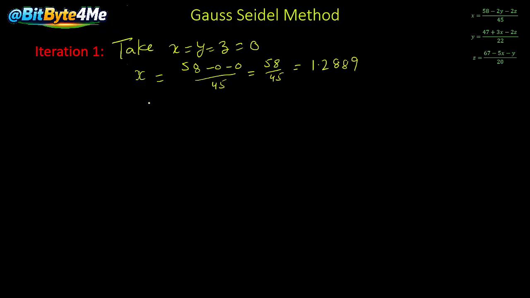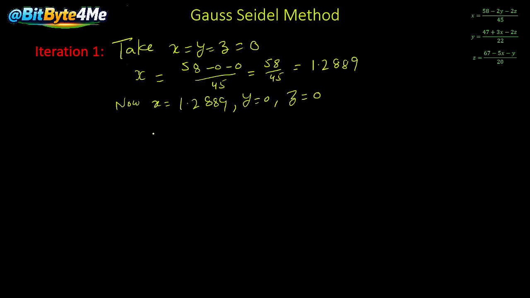So this will be the value of x. Now we have x is equal to 1.2889, y is equal to 0 and z is equal to 0.